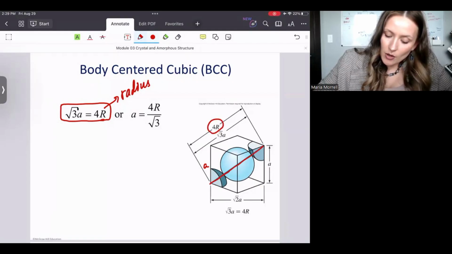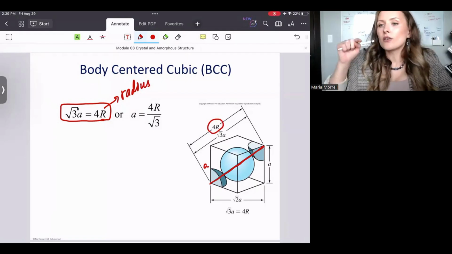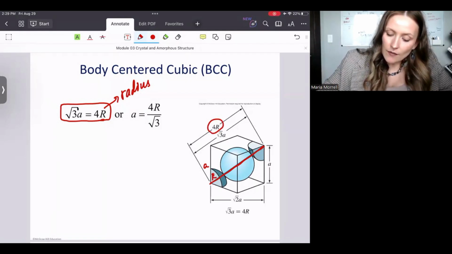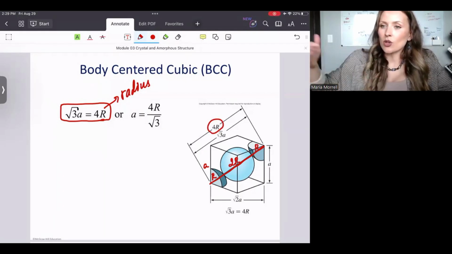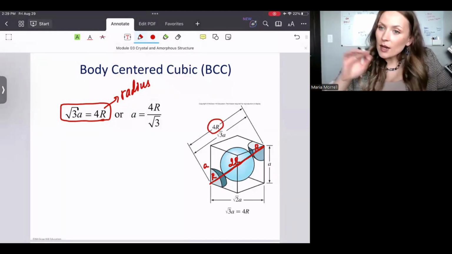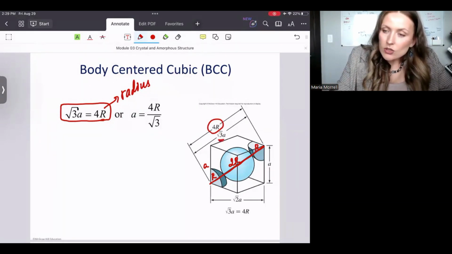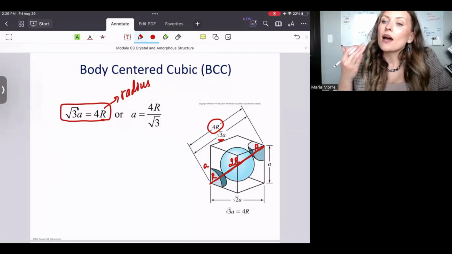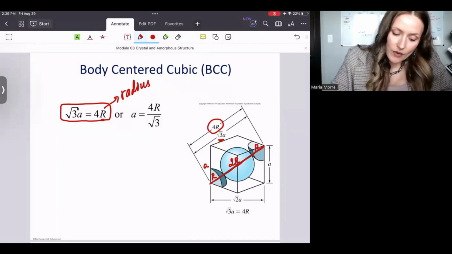Because if you guys think about it, it crosses 3 atoms, right? You have a radius here, you have 2 radius here, and a radius here, and that's how you end up, if you sum them all up, you end up with 4. And it says that the same length will also be equal to the square root of 3 times A. Okay, how do we come up with this one?